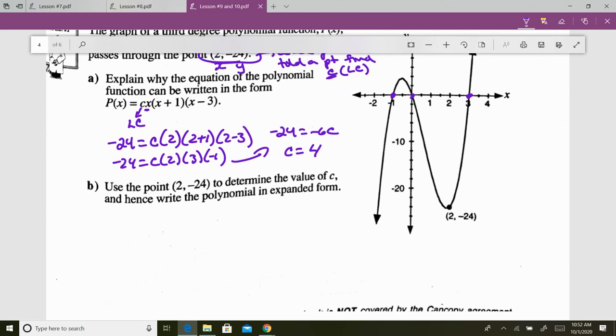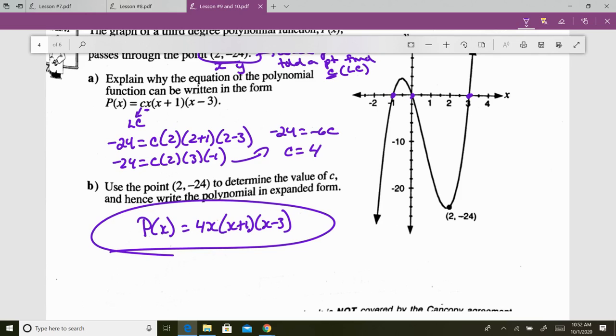So the actual equation of this graph, p of x, is 4x, x plus 1, x minus 3. Don't expand it. I'm going to assume you can multiply binomials together, whether that's a correct or the wrong assumption.